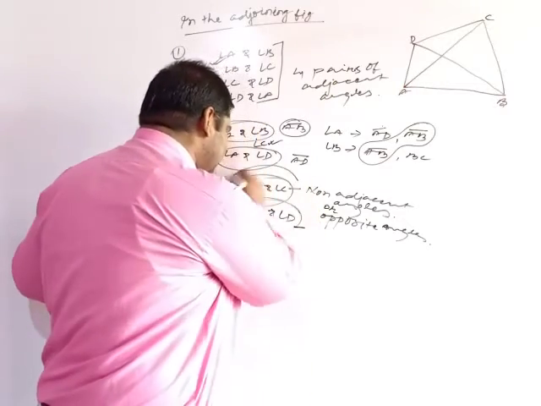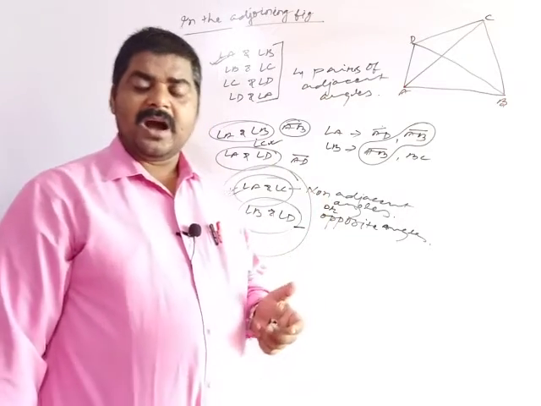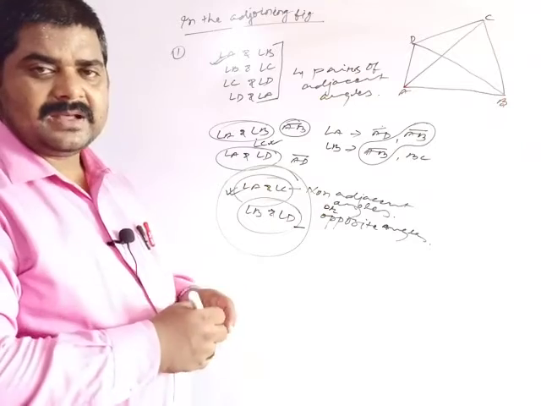And the final result is that 2 pairs of opposite angles are possible.